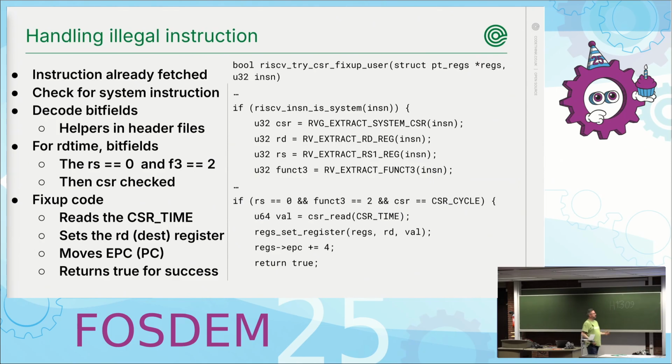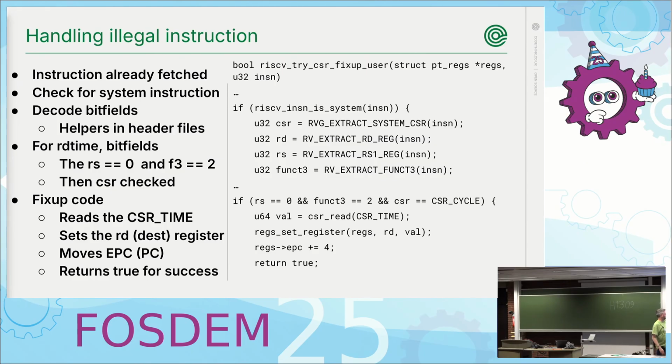So if anybody's interested, this is what I did, roughly. There's a little bit more because there were things that we were missing. But it goes, well, is this instruction that was fetched a system instruction? If so, we can then go and decode some more information from it. So there's helpers in header files, because obviously some people need to look at instructions for other things, like if you're a trap.